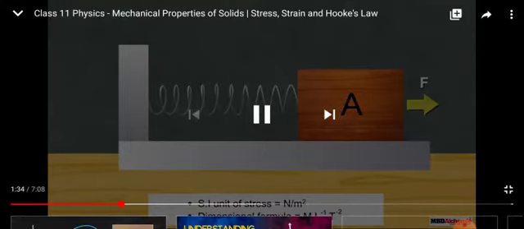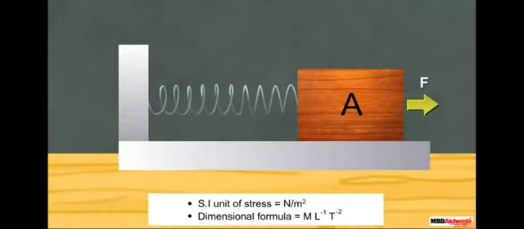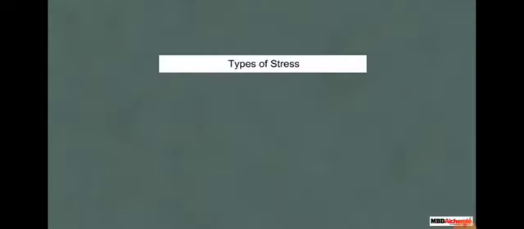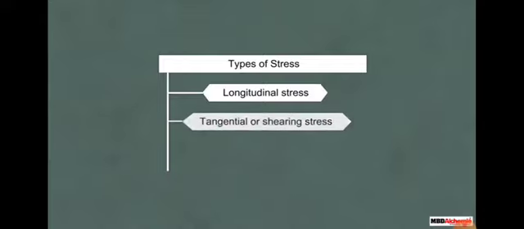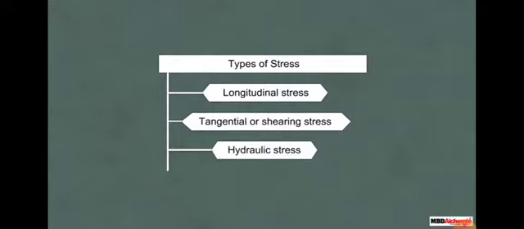SI unit of stress is Newton per meter square and its dimensional formula is ML^-1 T^-2. Stress can be classified into three types, that is longitudinal stress, tangential or shearing stress, and hydraulic stress. Let's understand them in detail.